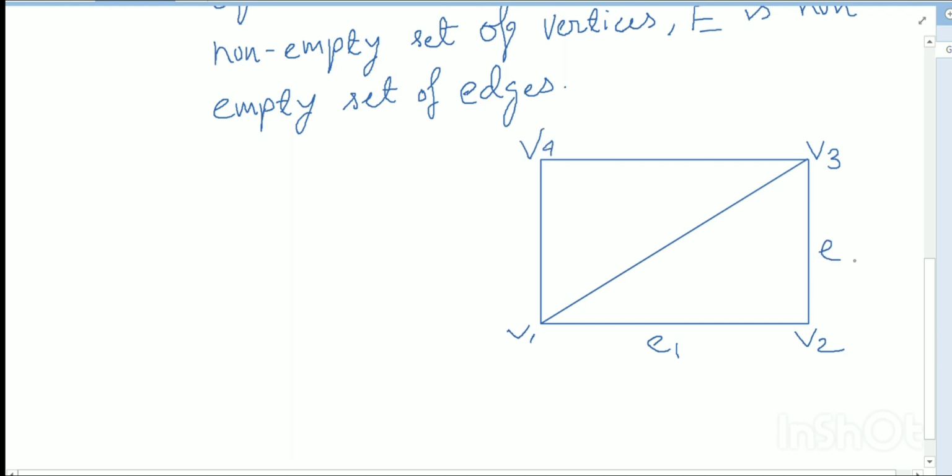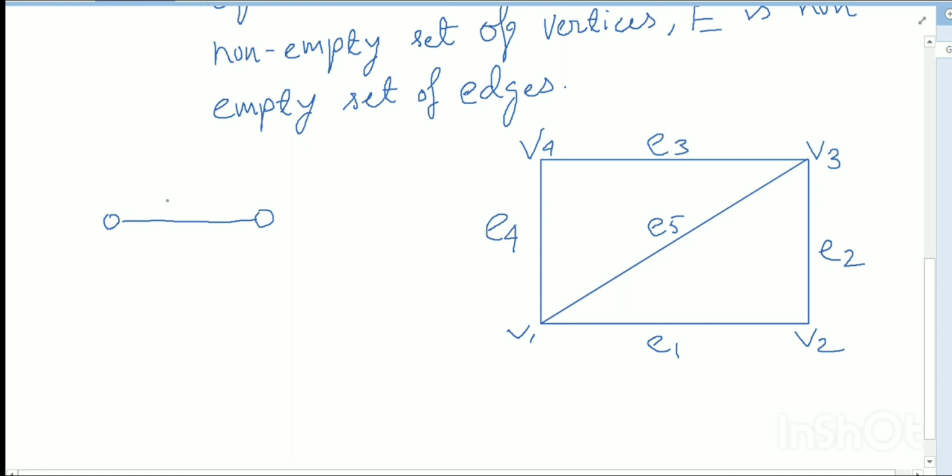You see V1, V2, V3, V4 are the vertices, and E1, E2, E3, E4 and E5 are the edges. So a graph can be written as vertices with the help of edges.